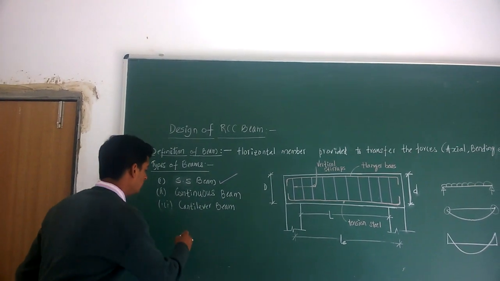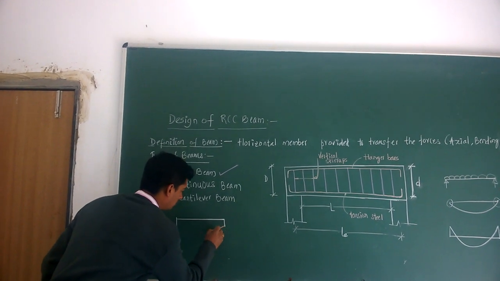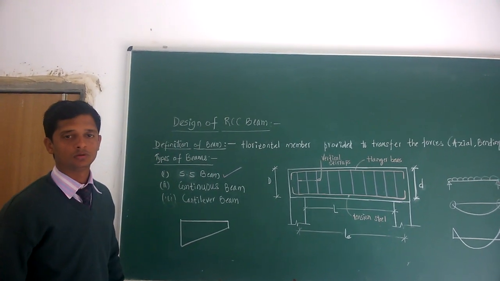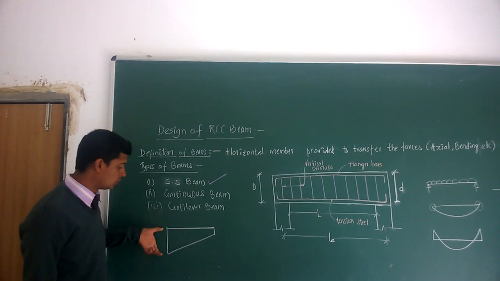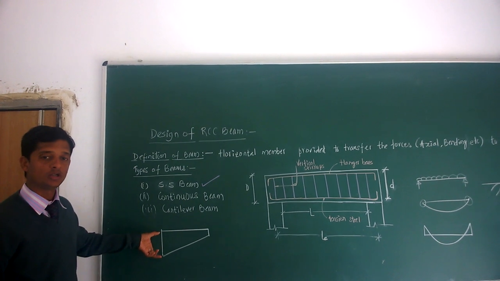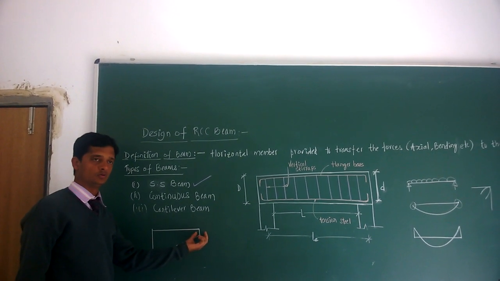In case of cantilever beam, we provide a varying depth, because in case of cantilever beam, the moment towards the support is maximum and the moment at the free end is zero.